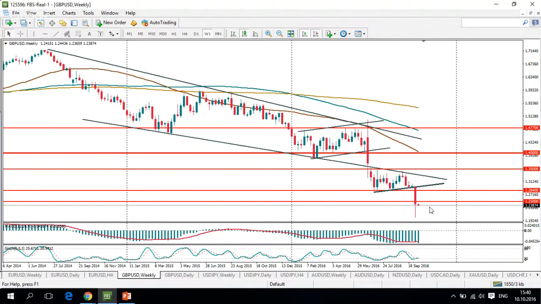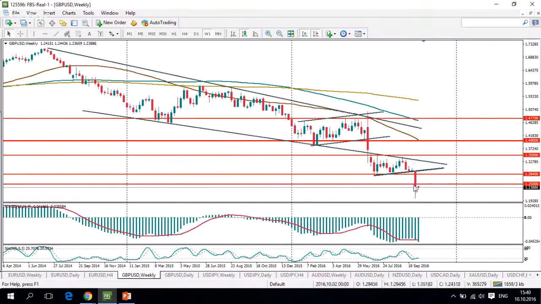I believe that for now negative pressure on pound will prevail, and we won't see some sizable recovery, some reversal. Of course, after this big move, we will see a kind of consolidation, something like the market showed us after Brexit and the following weeks of consolidative moves. We will probably see something like that in the British pound.